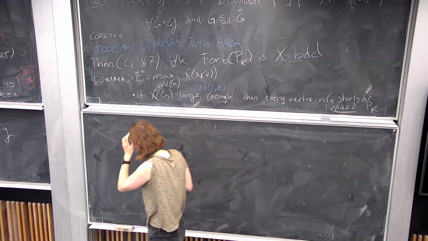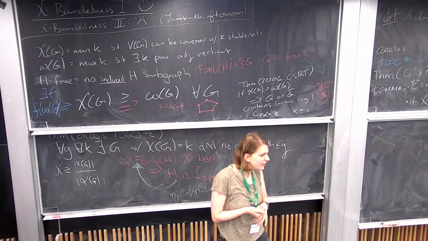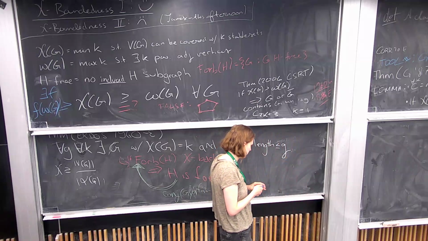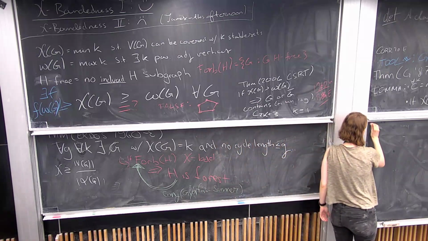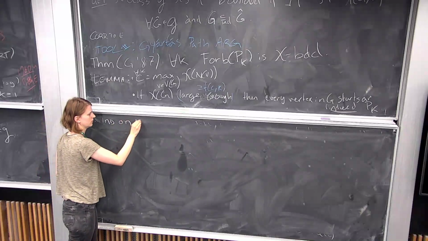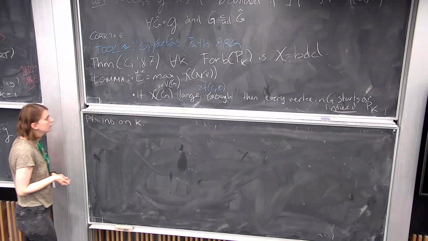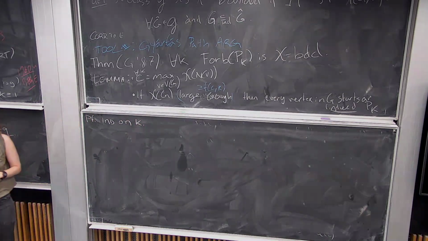And the way we're going to prove that is, no probability theory. We're going to do induction on K. Clearly this works when you have a path of, say, one edge. You can't have big chromatic number.